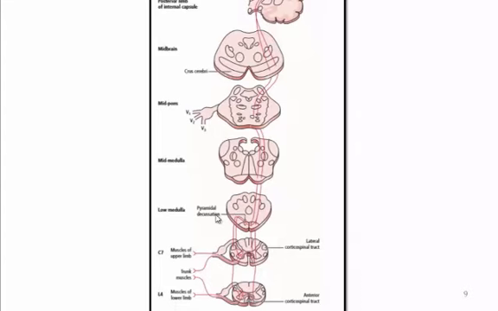The remaining 10 to 15% of the corticospinal tract which do not decussate will descend ipsilaterally in the anterior column as the anterior corticospinal tract. As we can see here, this fiber which does not decussate to the opposite side runs in the anterior column of the spinal cord, and it is called the anterior corticospinal tract.